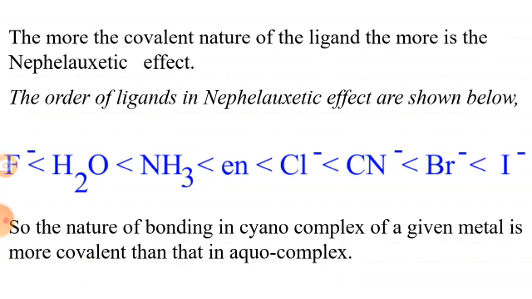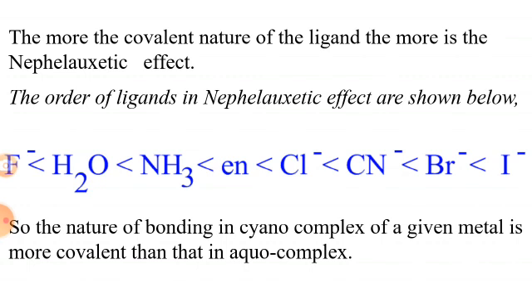When we have the metal orbital and the ligand atomic orbital, and these two orbitals combine to form a molecular orbital, the better the overlap between the metal and ligand orbitals, the bigger the molecular orbital. So there is more space for electrons and more delocalized electrons, which means they have more space to move.